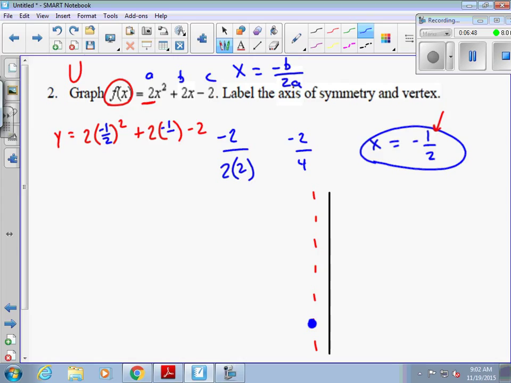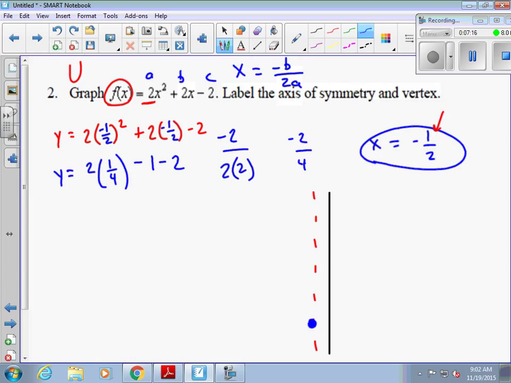So you have to square it first. Negative 1/2 squared is, I'm sorry, not negative 1/4. Negative 1 times negative 1 is positive 1. So it becomes 2 times 1/4 plus 2 times negative 1/2 is going to be minus half of 2, which is 1, minus 2.